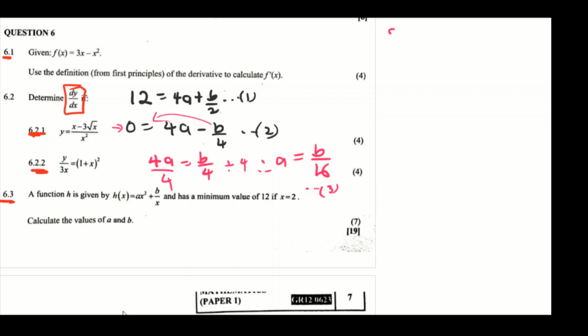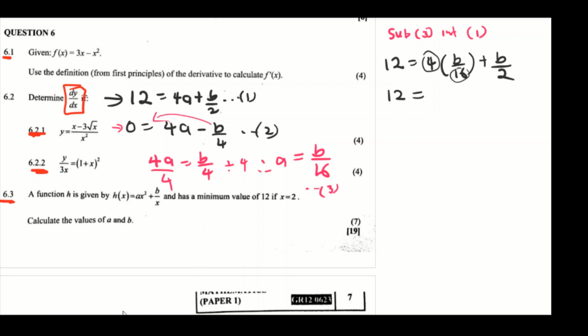So you're just going to substitute equation 3 into equation 1 because we haven't used equation 1. So equation 1 is 12 is equal to 4, and where there's a, I put b over 16, plus b over 2, right? So it's 12 is equal to, 4 goes how many times into 16? It goes 4 times.